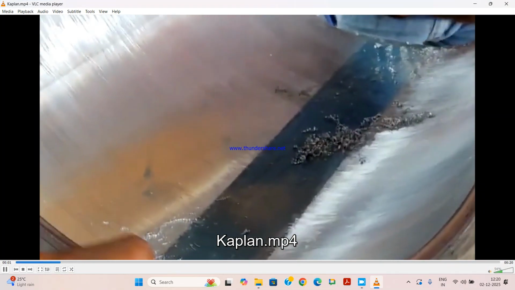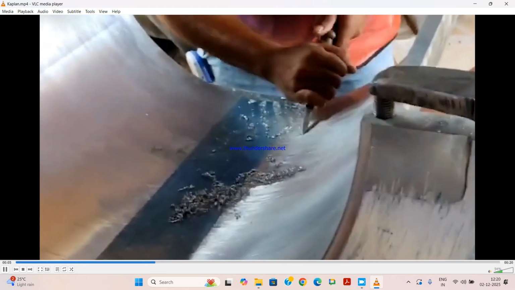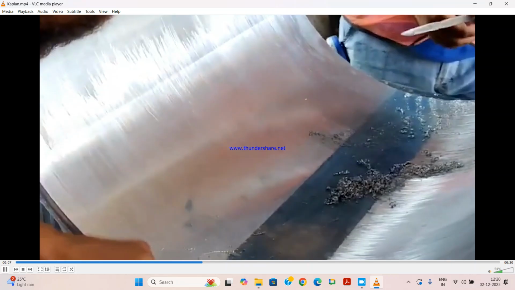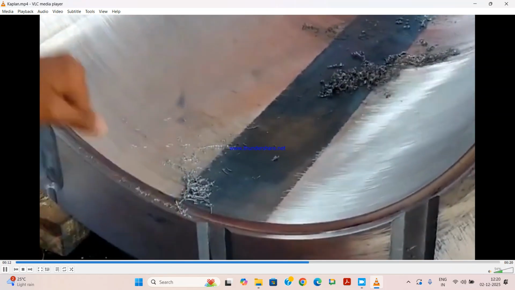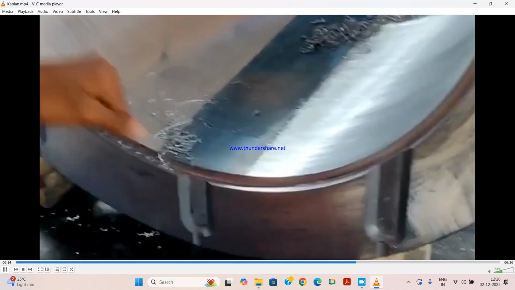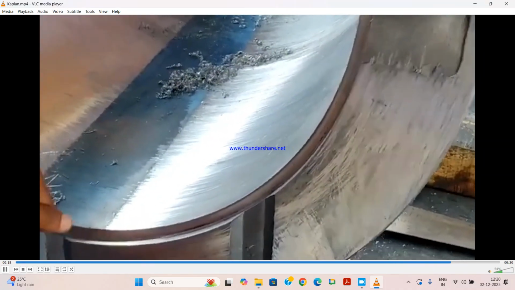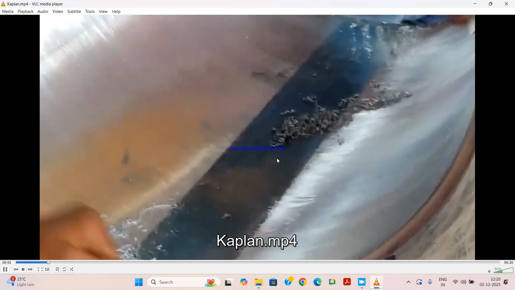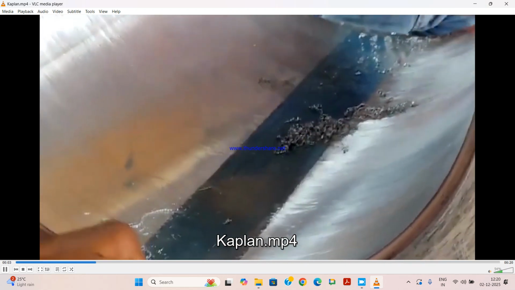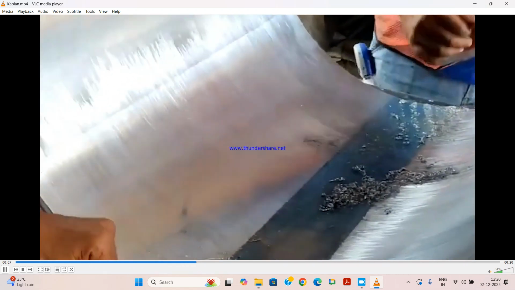You see, this is one half of the bearing. They found that there was some wear and tear. As I told, it's a very precision process. They are removing some portion of the bearing material which was creating the unevenness in the bearing.